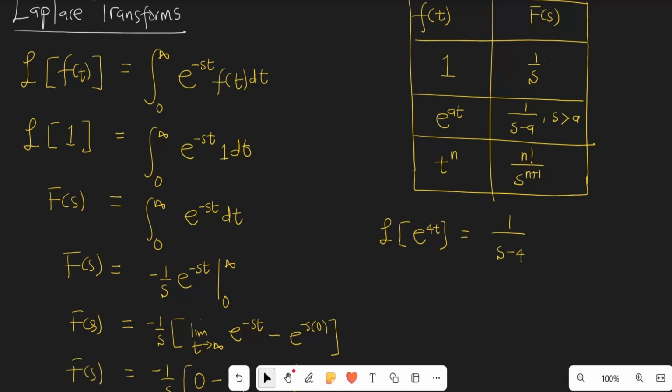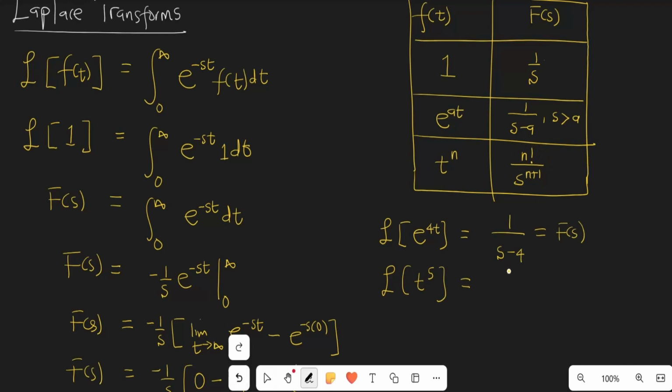Cool. Now if you are asked to find the Laplace transform, and this one is the same as your f of s in this case, of, let's say, the function t raised to the power 5, like this. So this is equal to what? So this one conforms with the final one that we found here, t raised to the power n. But n here, the power is 5. So we just replace 5 here and that will be the Laplace transform.